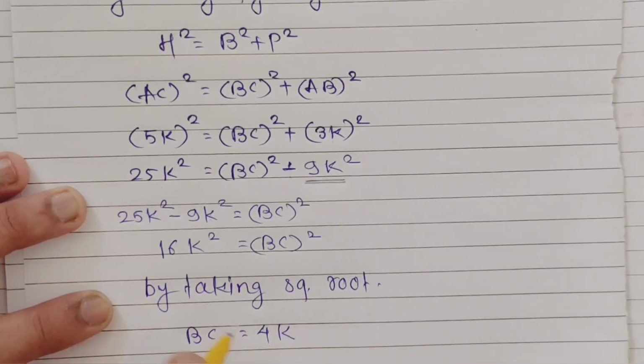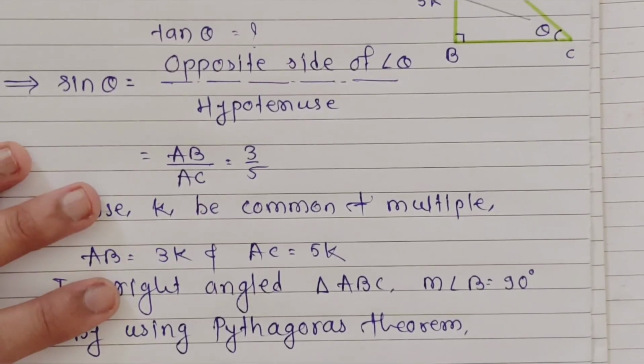We know that 4 square is 16, that means BC is equal to 4K. So let us mention BC is equal to 4K.